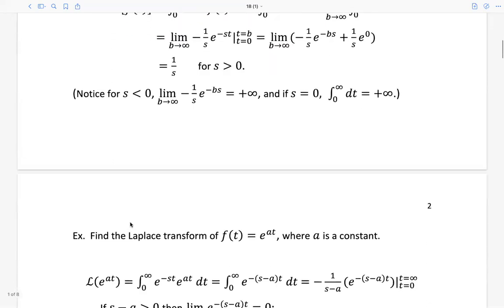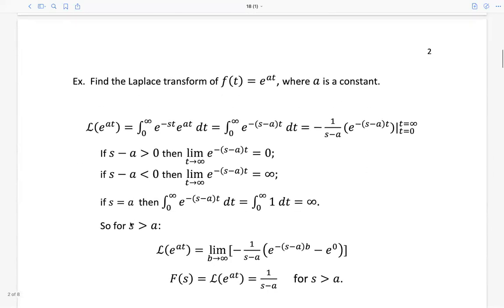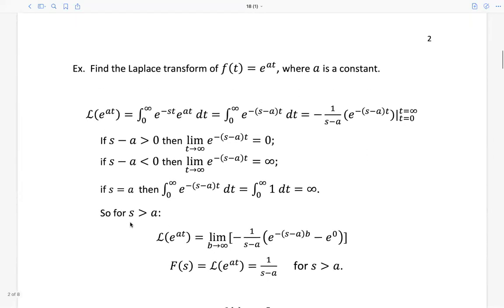This is the second example: the exponential function e to the at, where a is just some constant.